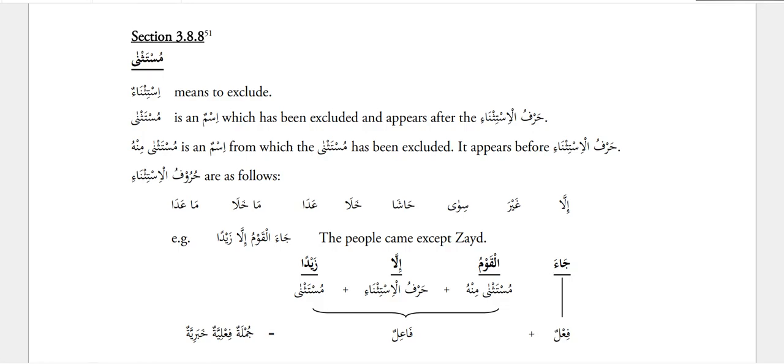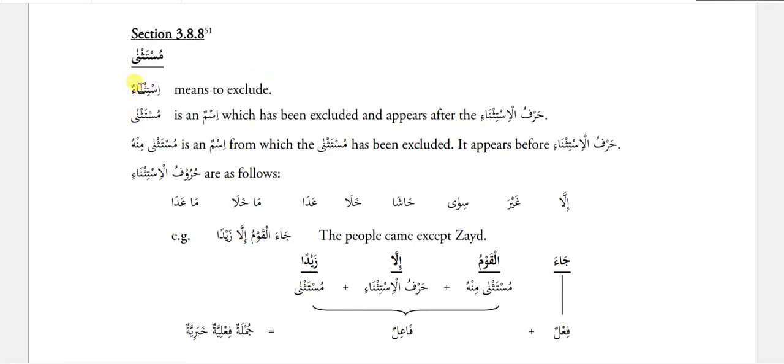So for understanding the mustasna, first understand what is istisna'u. Istisna'un is an Arabic word which means exclude, which means not included.